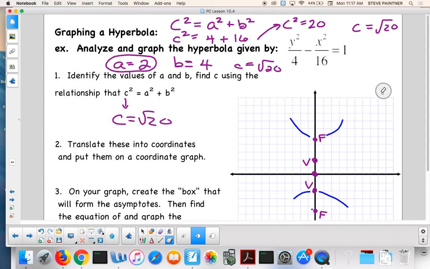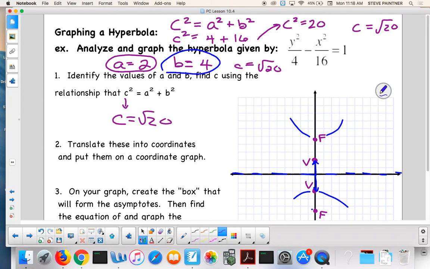Foci, I got all. From the center of this, right here, I have to go A up, up A, okay, down A, that's 2 up, 2 down, I already did it. Now, on the conjugate, by the way, this is the conjugate, right? How far right and left are you going? 4.